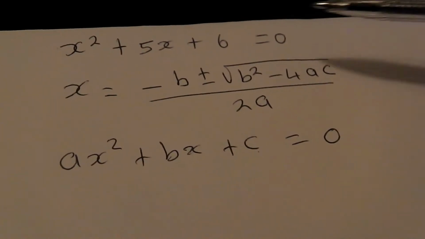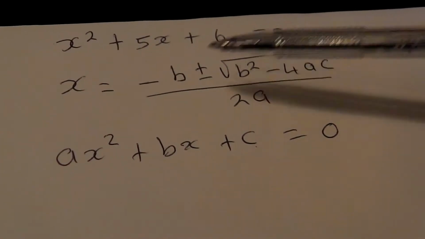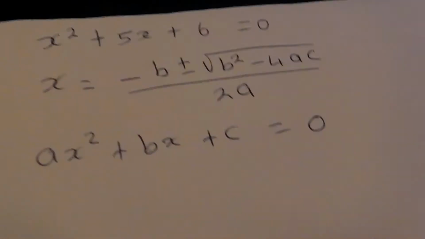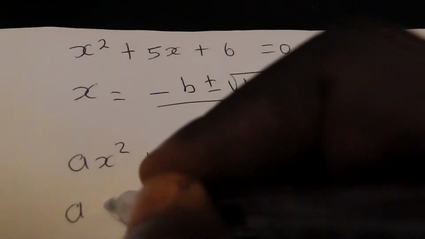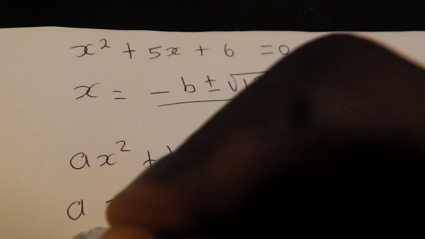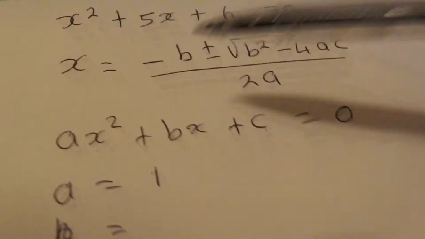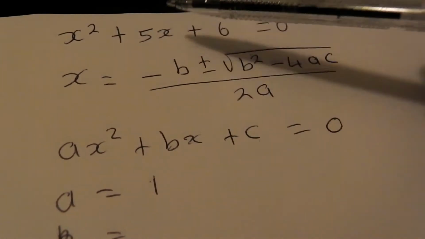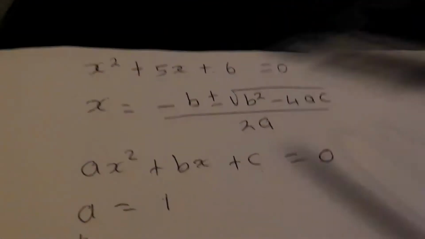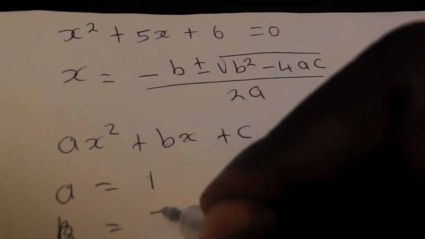Going back to our equation, our coefficient of x squared is 1, so our value of a is equal to 1. B is the coefficient of x, and from our equation you can see that our coefficient of x is 5, so b is equal to 5.